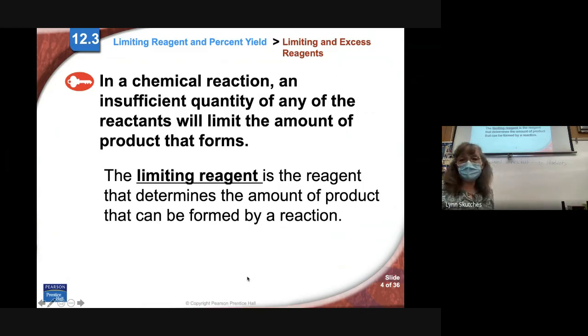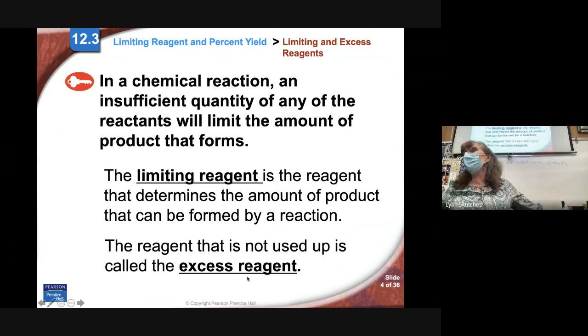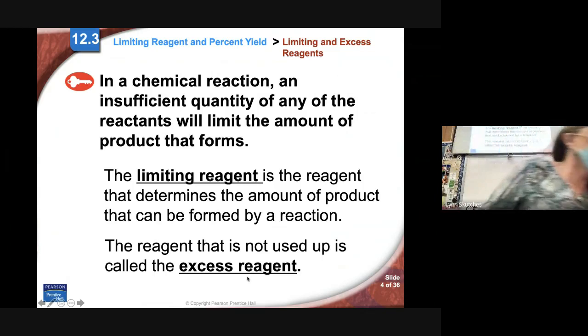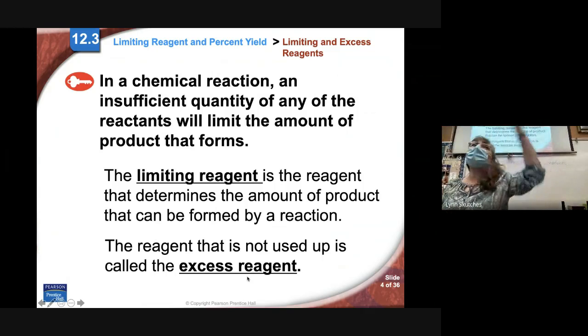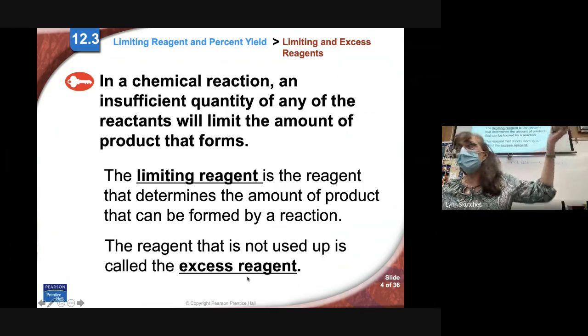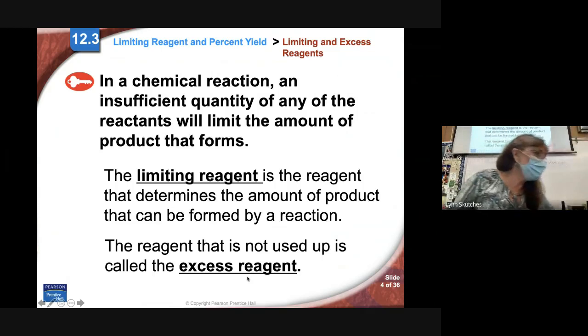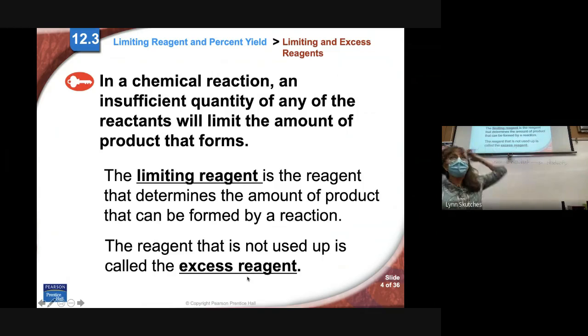Okay. Sometimes you will also have lots of extra, right? If you go to the store, if you like to do baking, you know that you don't buy flour a cup at a time. You don't buy 1 egg at a time, right? So you buy 5 pounds of flour, 5 pounds of sugar, maybe 10 pounds, I don't know, a dozen eggs. You can often have more than you need.